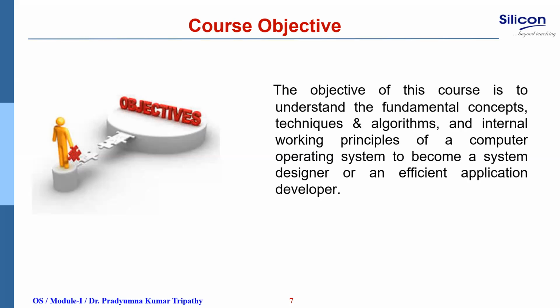What is the specialty of this software and what are its functions? So we must know the concepts, techniques, algorithms and internal working principle of a computer operating system. Why? To become a system designer or efficient application developer. Even if you want to become an application developer, you must know the background of the operating system itself.